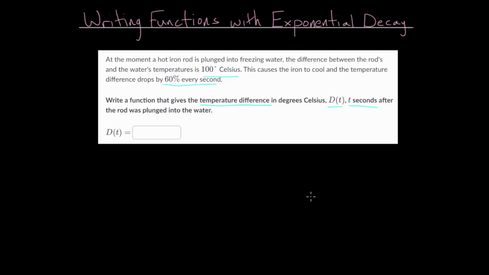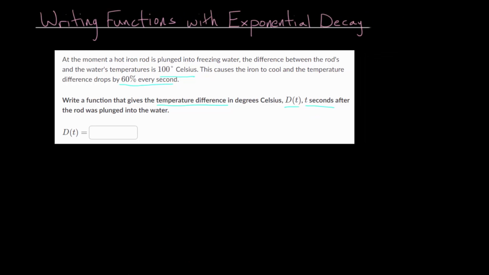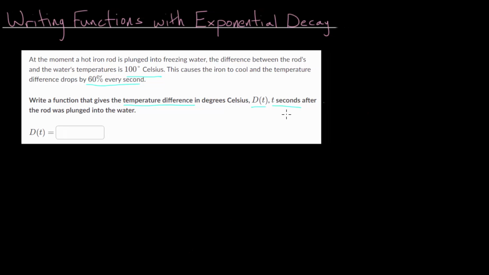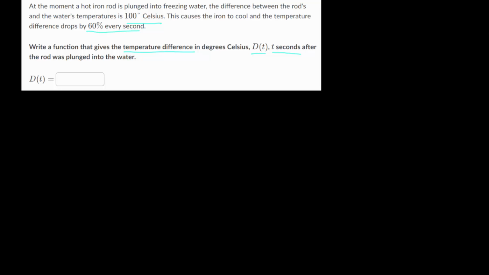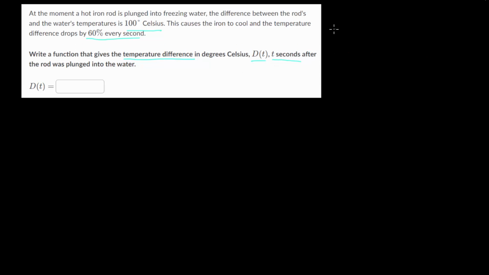A general piece of advice when dealing with word problems is that if you're going to be using variables, it's a good idea to start by defining those variables, just so that you can write these in your own words and get a better feeling for them. So we need to define our function d of t and its independent variable t.